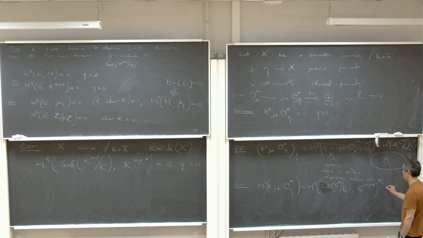And so I know that this is 0 when q is greater than 0. All right? Is it okay?